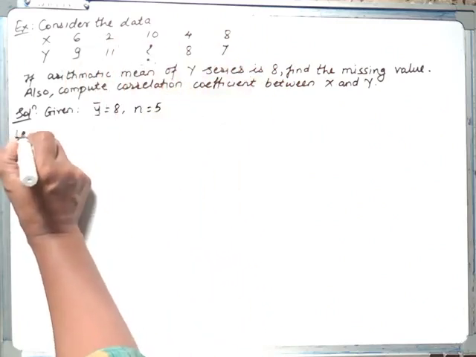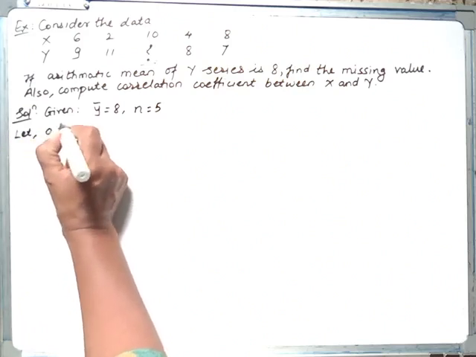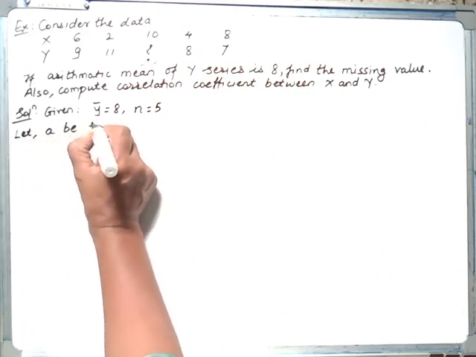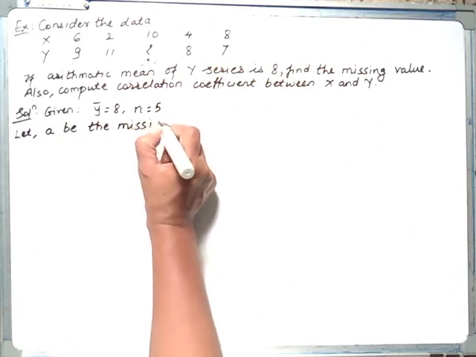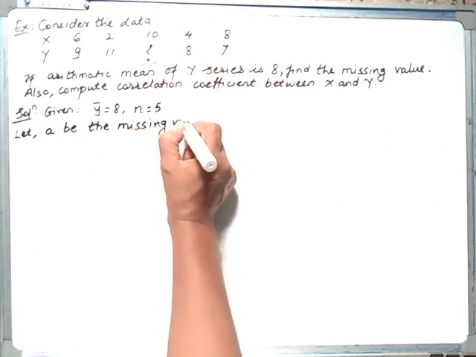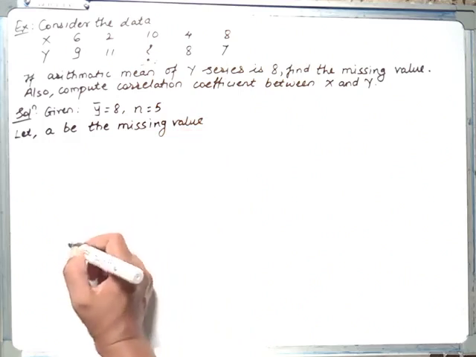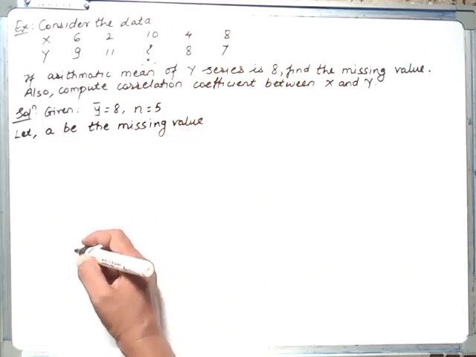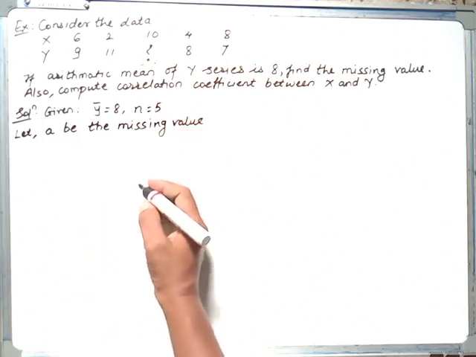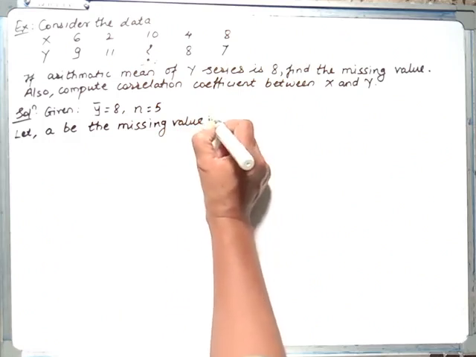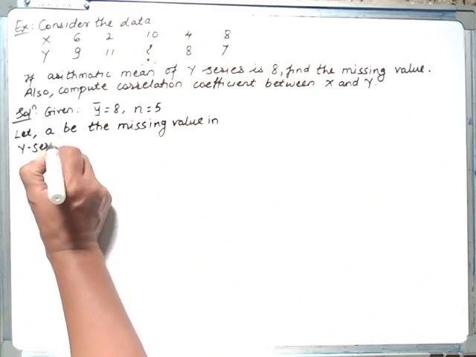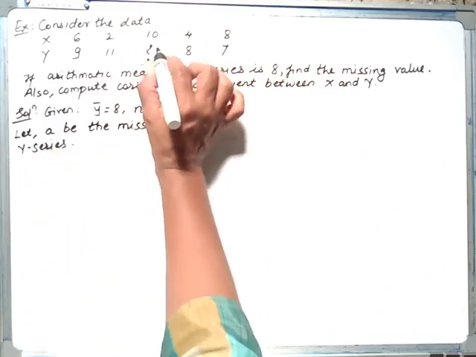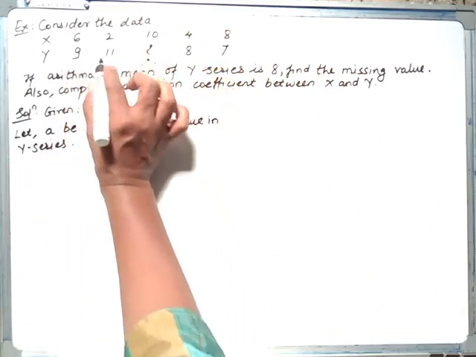Now let a be the missing value in the y series. Let me assume this. If this is a, we can do this sum.